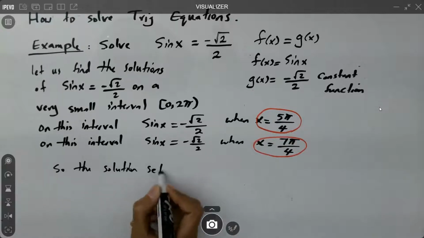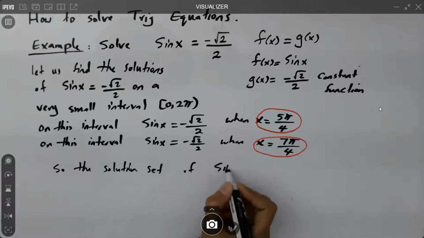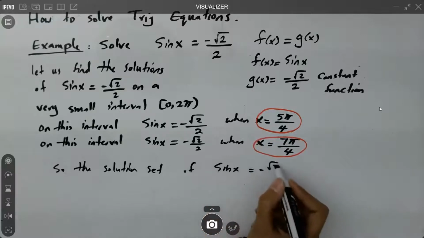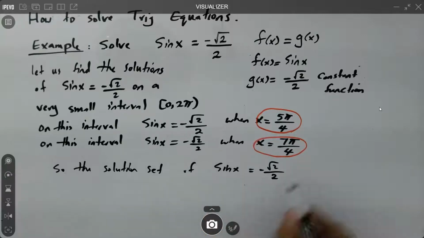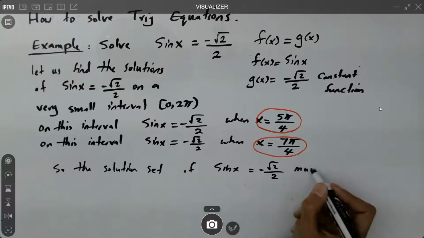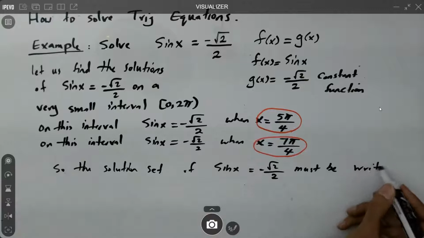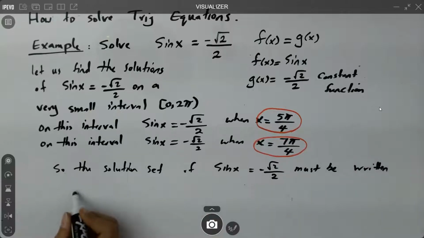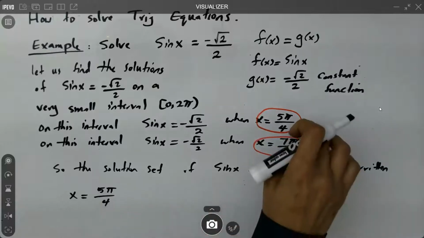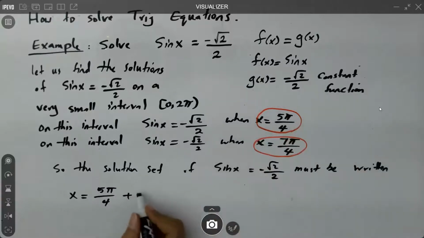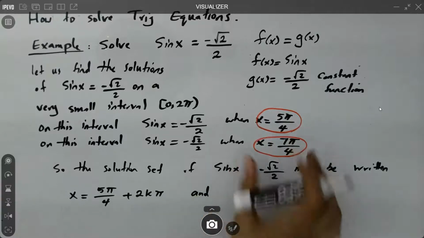The solution set of sine x equals negative square root of 2 divided by 2 must be written as x is equal to 5 pi over 4, copy down whatever you found, plus 2k pi. And you need to add both of these.